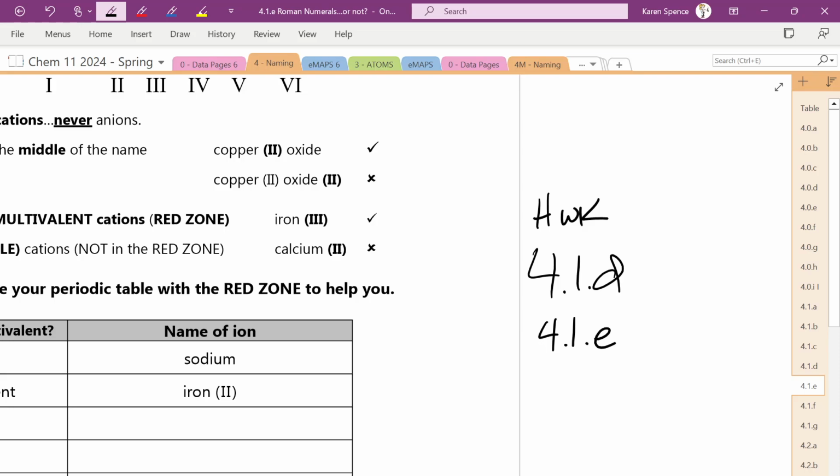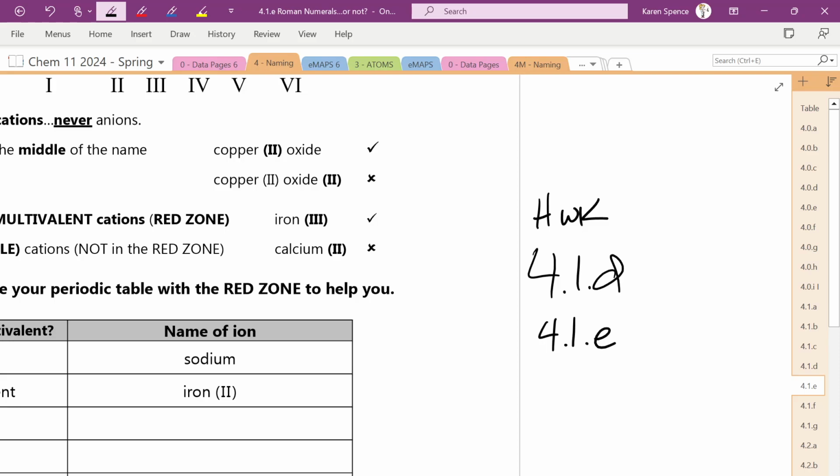Number 6. Vanadium 5. Thank you very much.